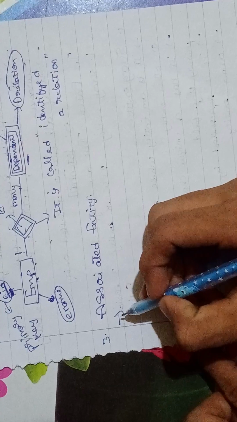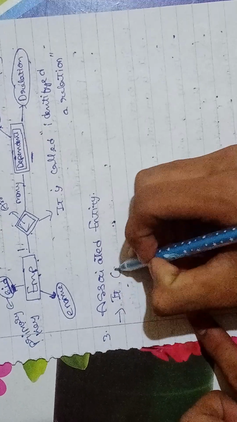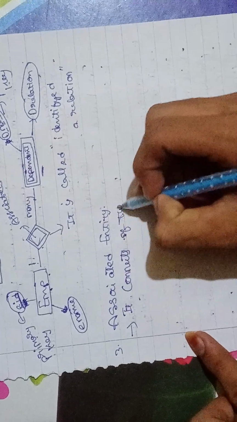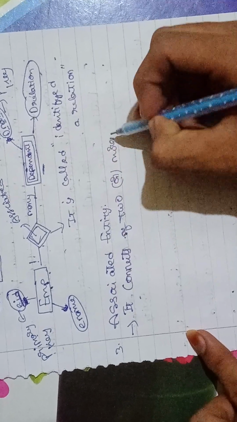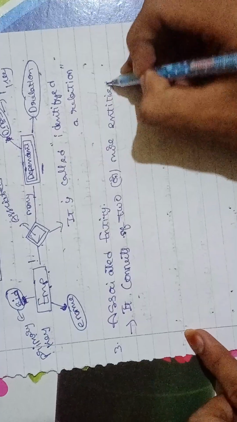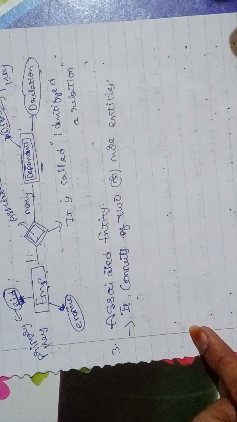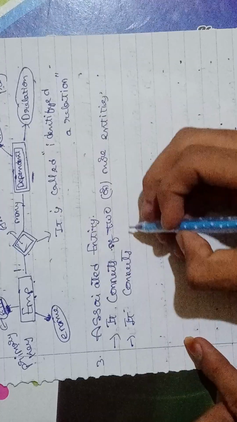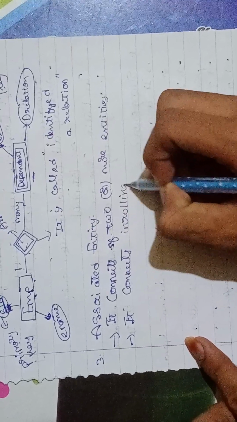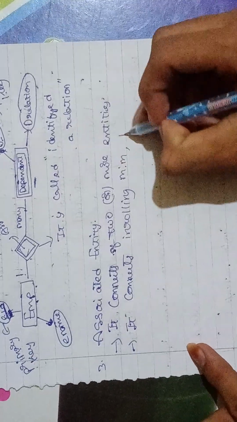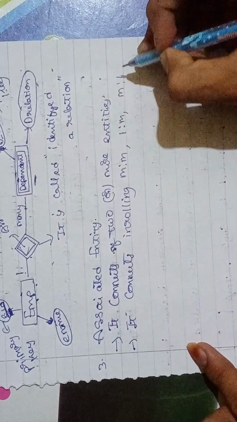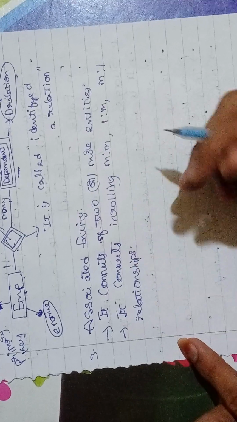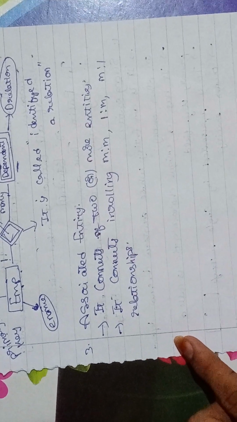We can see the definition: it connects two or more entities, enrolling many-to-many or one-to-many or many-to-one relationships.